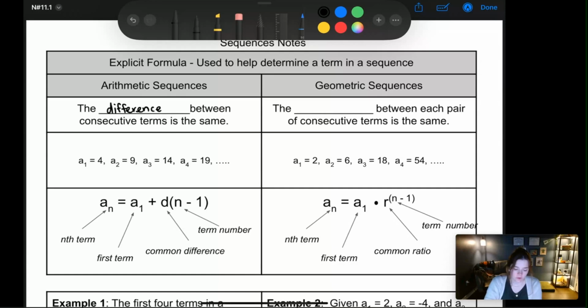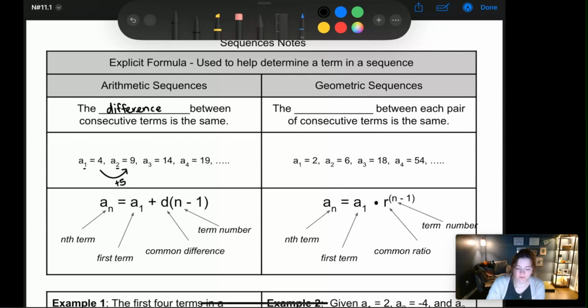I'll show you what that looks like. So for this one, when it says A1, it's saying the first term. A2 is the second term, and so on. If I go from 4 to 9, how do I get from 4 to 9? I add 5.